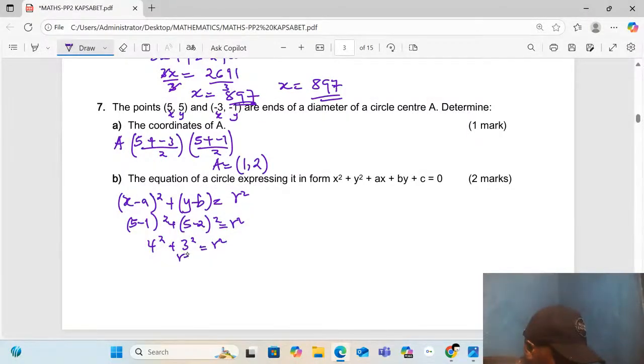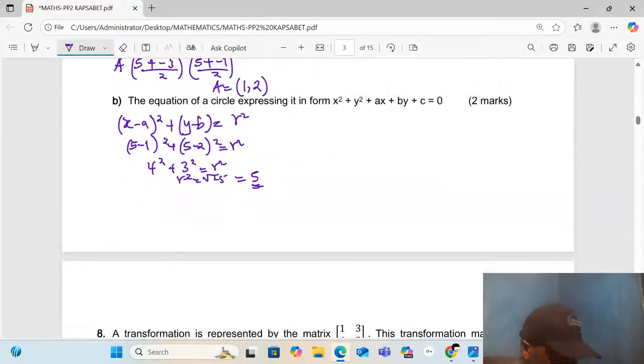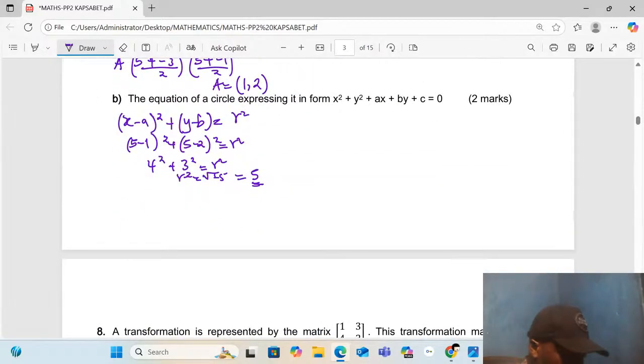So r squared will be equal to, square root of 25, which is 5. So the value of r is 5. Now the radius is 5.